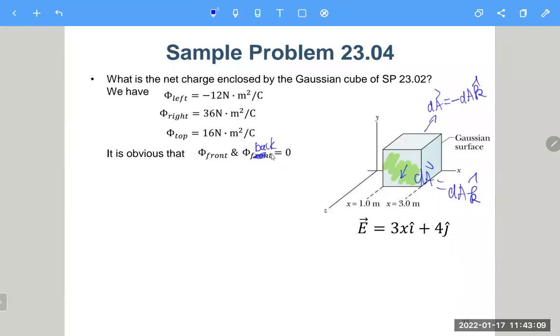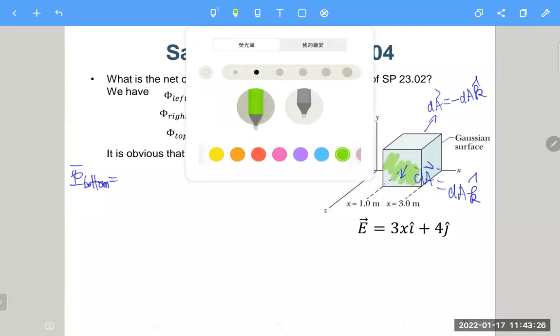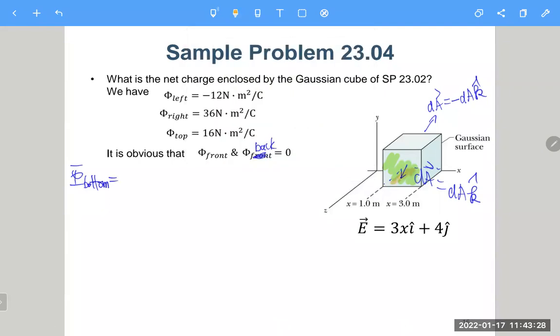So the remaining one is only the bottom. We still need to find phi bottom, which is this one. Actually dA is pointing to the negative y-axis, which is negative dA j hat.